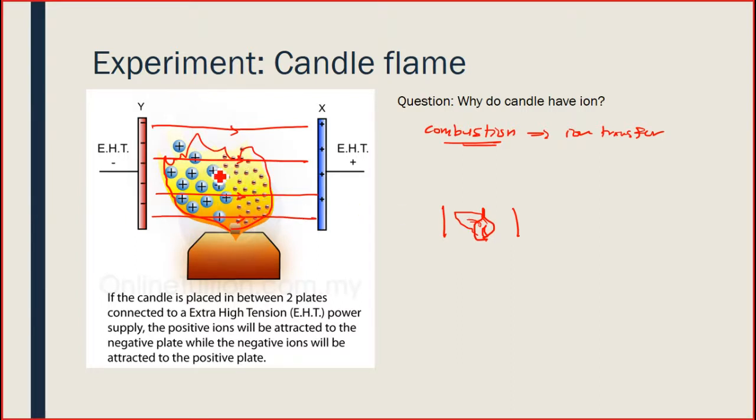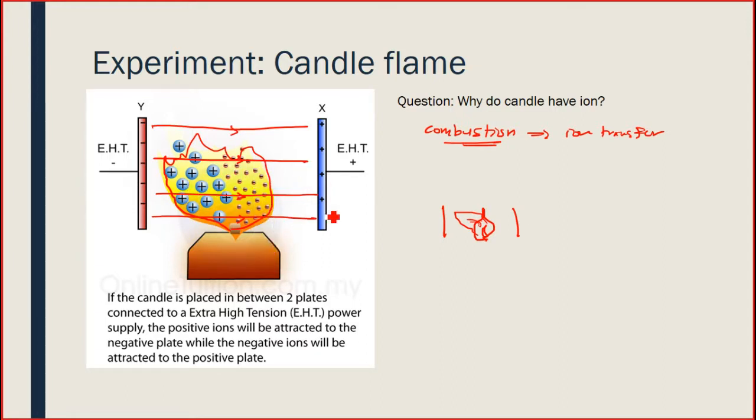Because of these charges, they will be attracted to the plates, causing the flame to bend towards one side only. The positive is attracted to the negative, and the negative to the positive. But because of size, a proton actually has a bigger size compared to the electron, so the positive ions are much bigger than the negative ions.